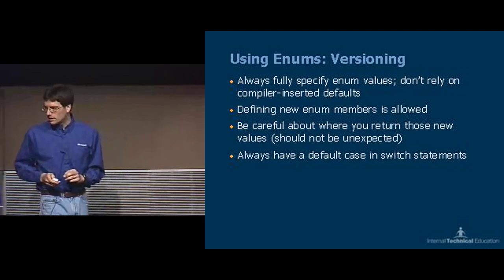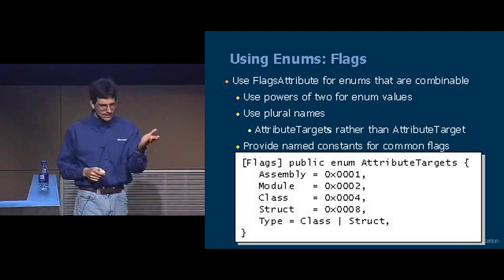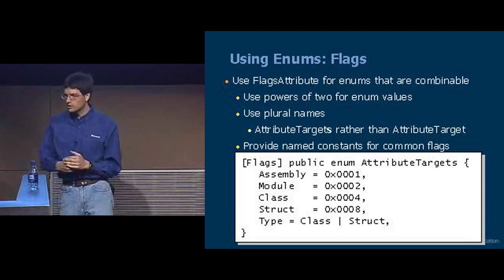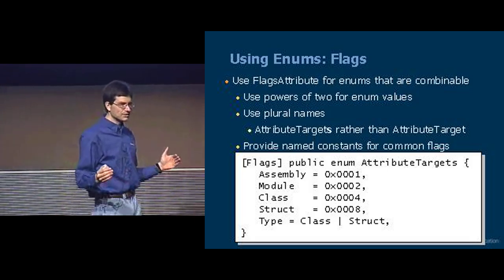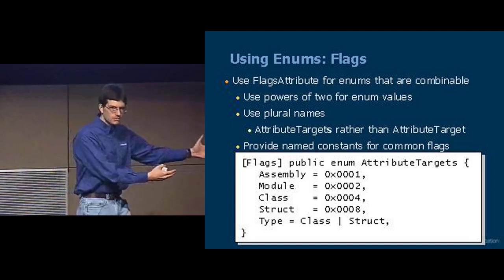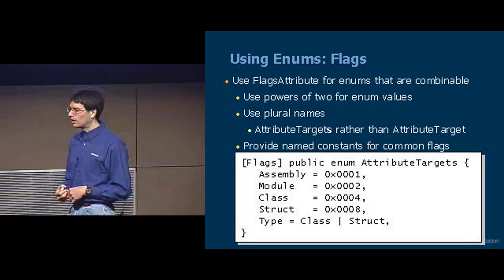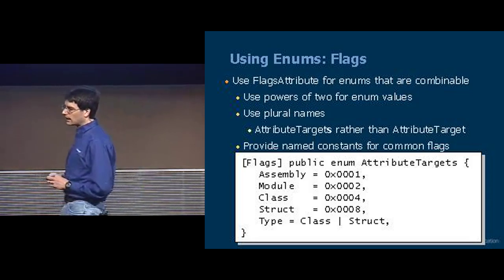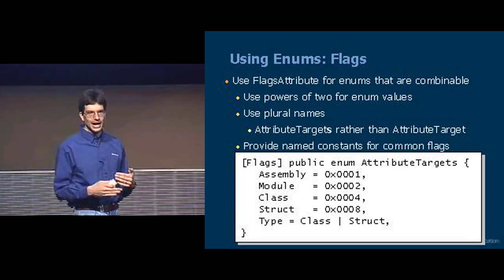I think I talked about most of this stuff here. Okay, so flags kind of gets at what you're discussing. Truthfully, there are two kinds of enums. There are sort of plain enums, and then there are flags, or bit fields as some people call them, enums. They are enums that are intended to be ORed together.